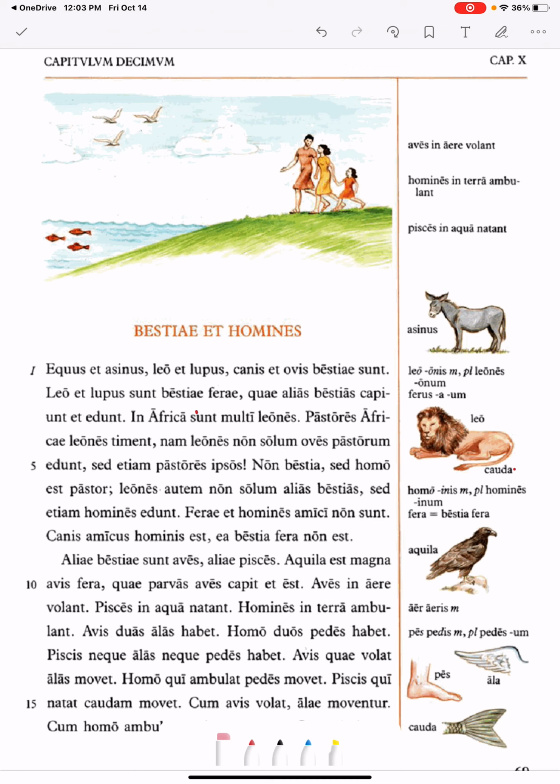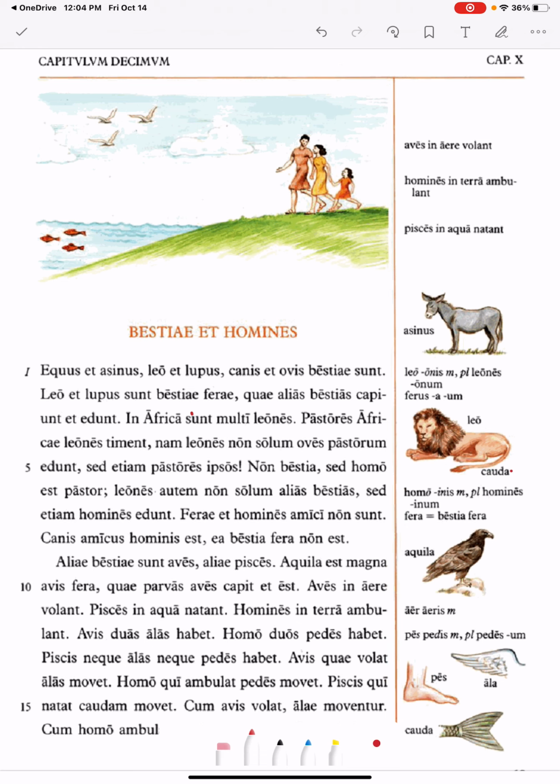So it starts with the sentence, aliae bestiae sunt aves, aliae pisces. And here you see a picture of a certain kind of avis in the margin, right? This is called an aquila, and an aquila is a magna avis fera. So if you already guessed it by now, avis is a feminine third declension noun, and it means bird.